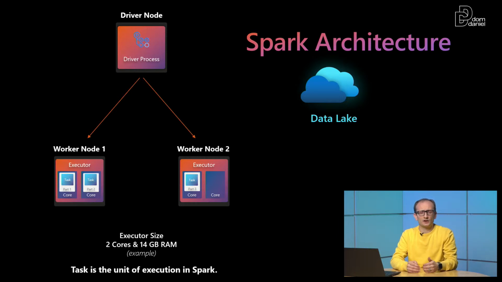The number of cores an executor has means it can run that many tasks in parallel. So in this case, we have 3 parts of data reading and 3 cores which run simultaneously, as you see in the diagram. And let's mention here that a task is the smallest unit which can execute on the Spark engine.